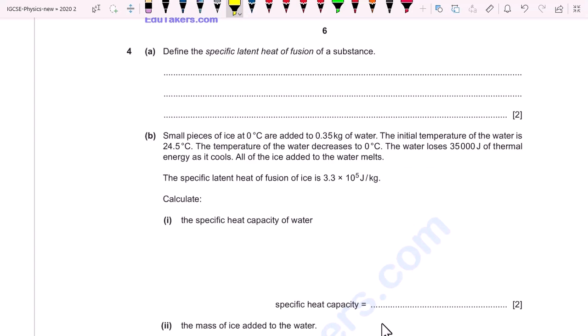Question number 4, part A. Define the specific latent heat of fusion of a substance. First of all, we have to know about the latent heat of fusion, and then we are able to define the specific latent heat of fusion. Latent heat of fusion is the energy required to change the state. It is the energy required to change the state of substance.